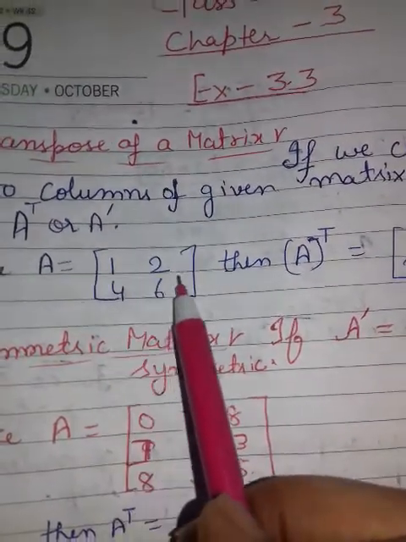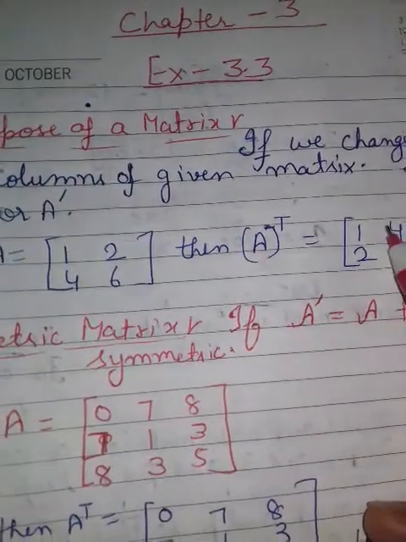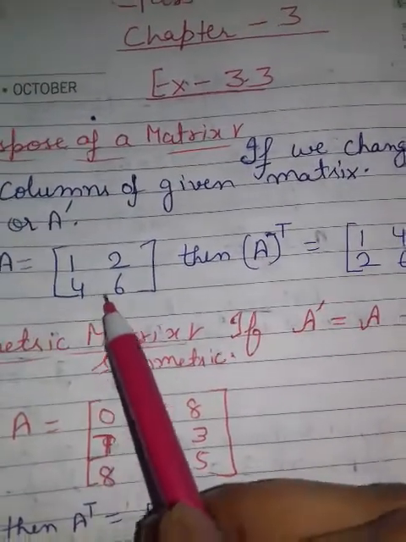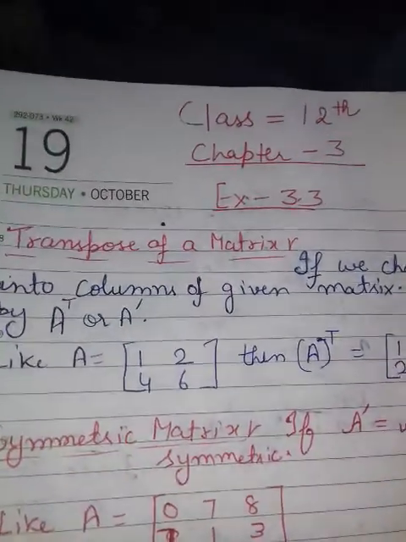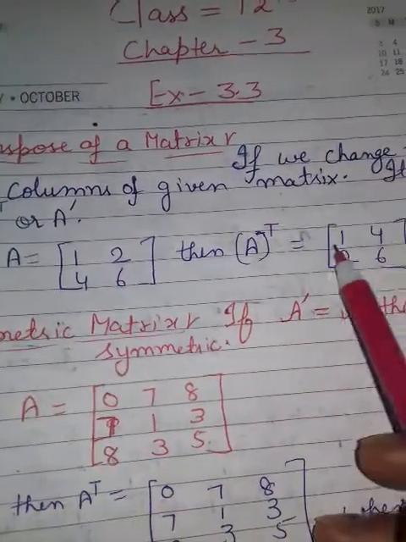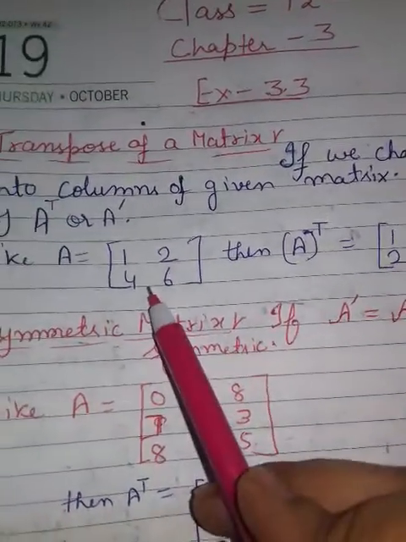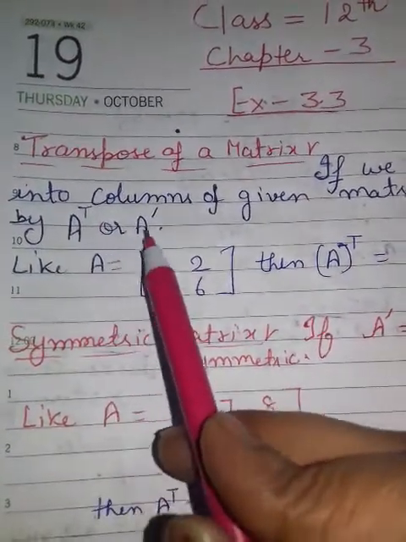You will change its rows. Means the row is what? 1, 2. It will now become your column. Your second row is 4, 6. It will become your column. Means rows will be shifted into columns and columns we can say are shifted into rows. So this is known as transpose, denoted by AT or A dash.